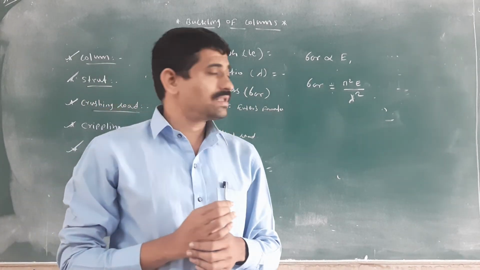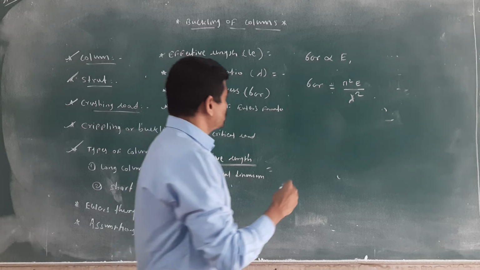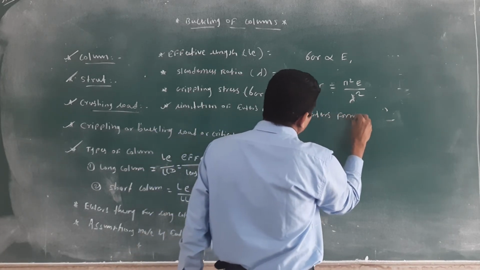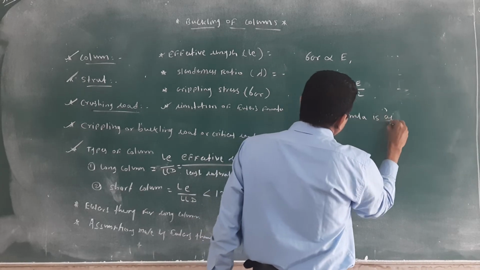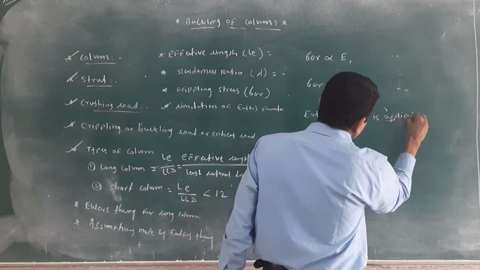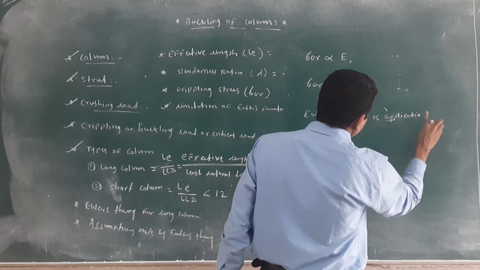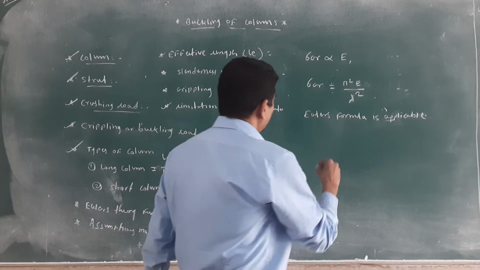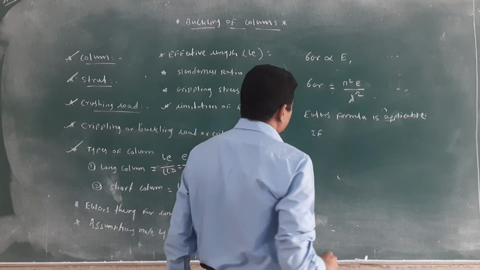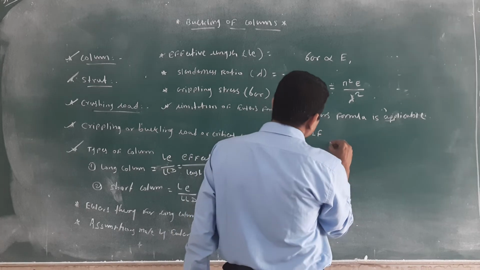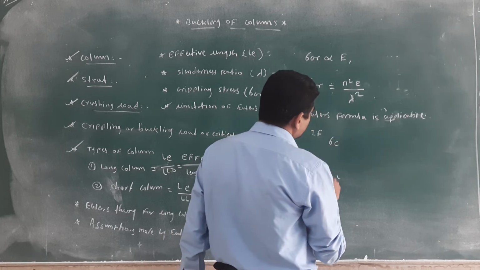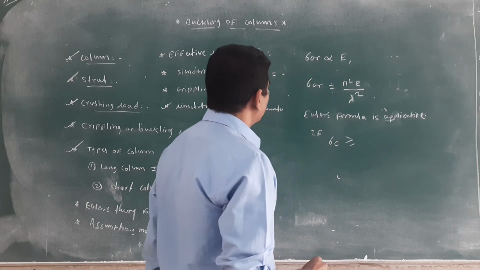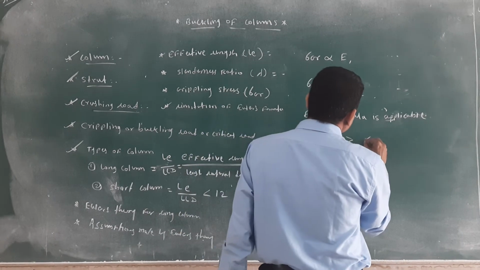Okay, then this Euler's formula is applicable for what? Euler's formula is applicable if the crushing stress, denoted by sigma c, is greater than or equal to the crippling stress.